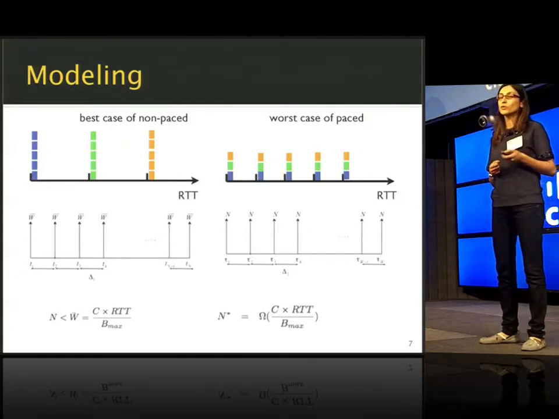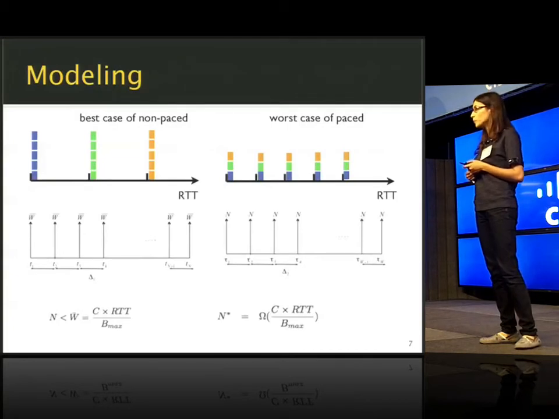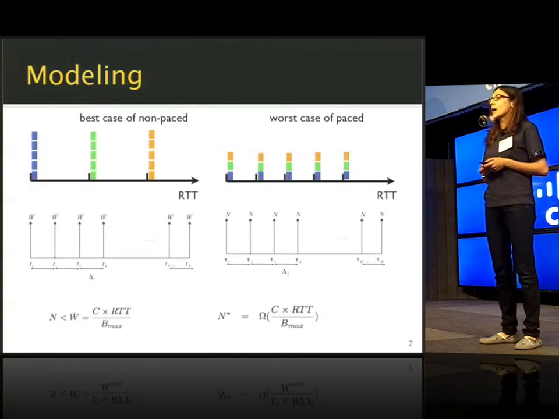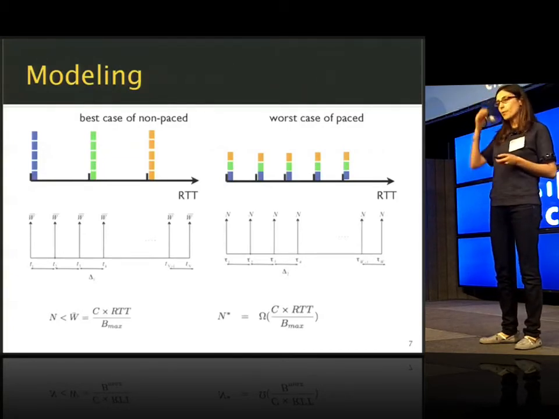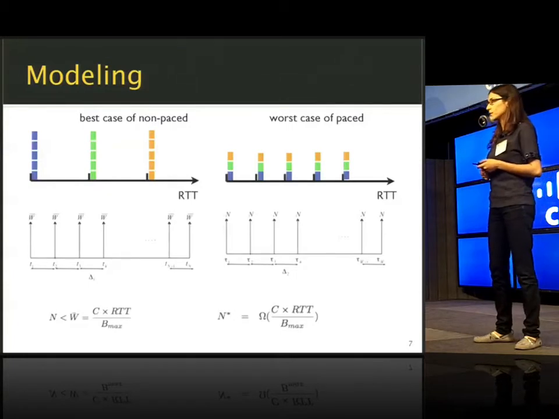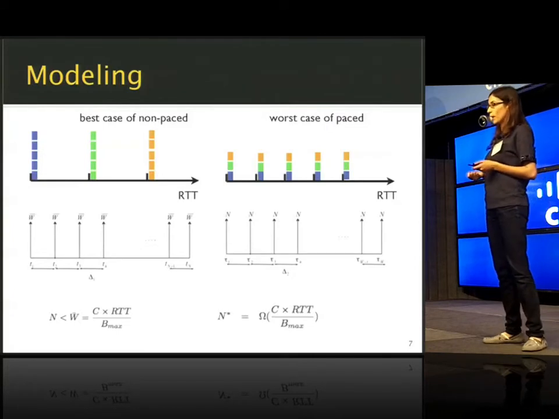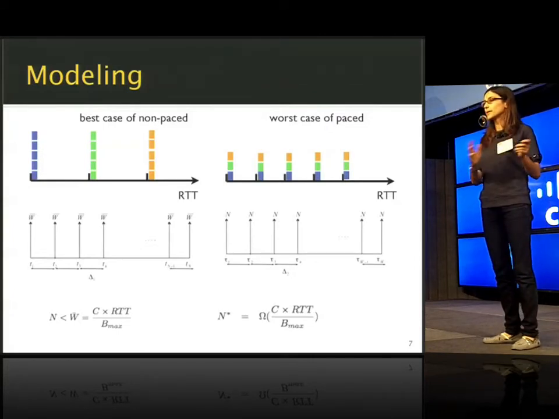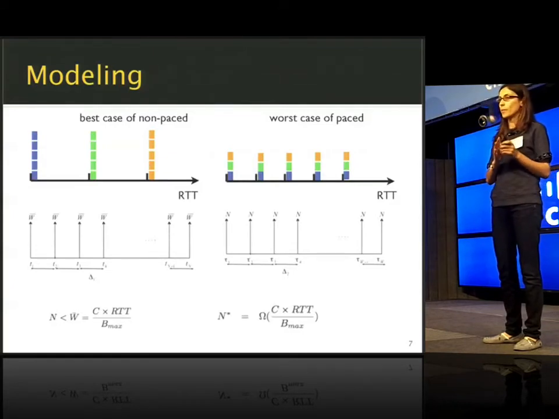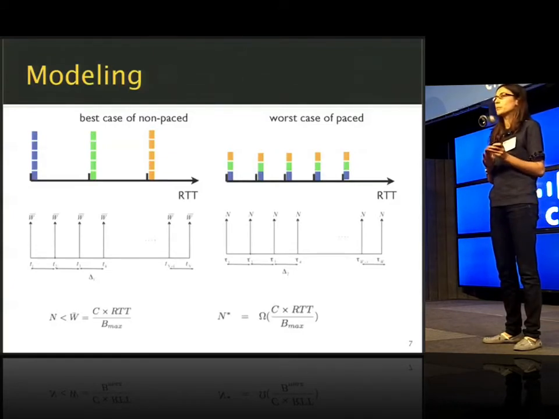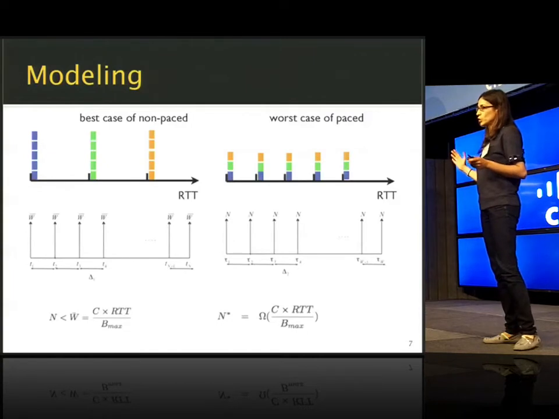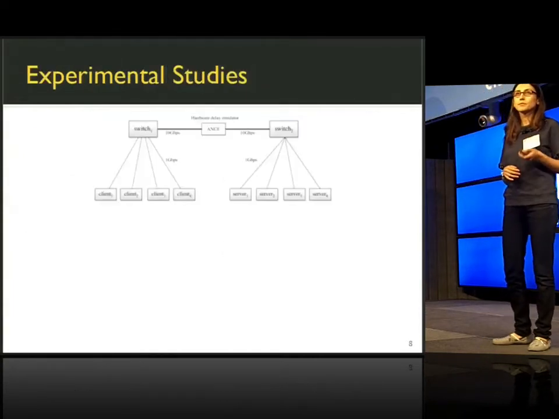As long as the number of flows is less than C·RTT divided by B, pacing has better performance in terms of throughput and flow completion times. Obviously, this is just a lower bound because we are assuming the best case and worst case. In reality, with randomness, the benefits of pacing might diminish after this lower bound.